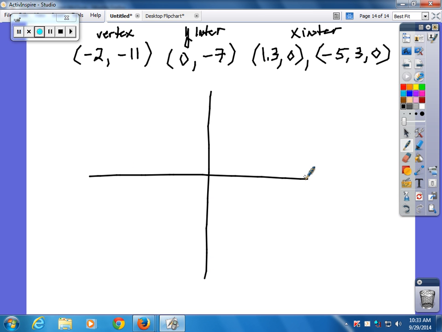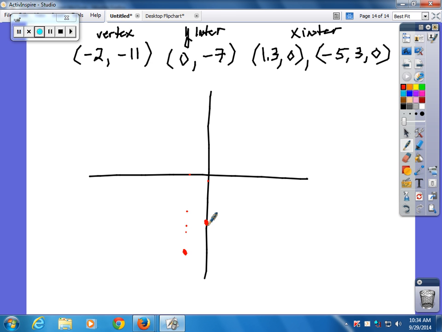So I have negative 5.3 and 1.3. Your vertex is negative 2, negative 11. 1, 2, 3, 4, 5, 6, 7, 8, 9, 10, 11. Your y-intercept is 0, negative 7. 1, 2, 3, 4, 5, 6, 7.